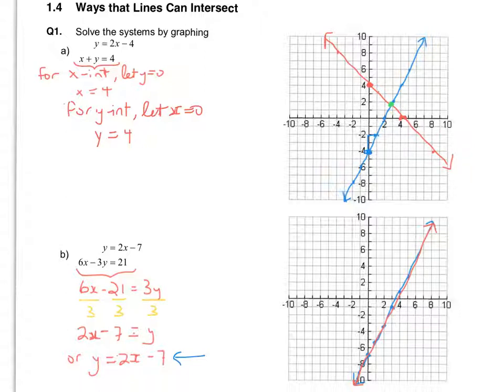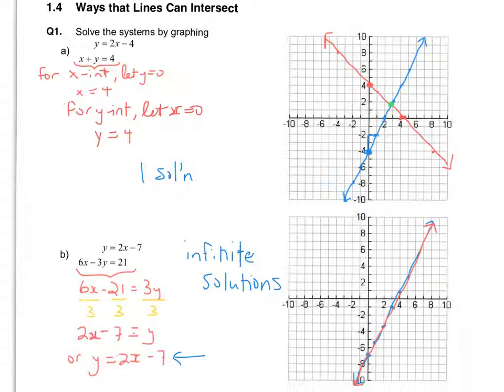So it is possible for a system to have an infinite number of solutions like part B. So part A had exactly one solution, one intersection point, one solution. This had an infinite number of solutions, because the two lines lie on top of each other, so every point on the line was an intersection point.